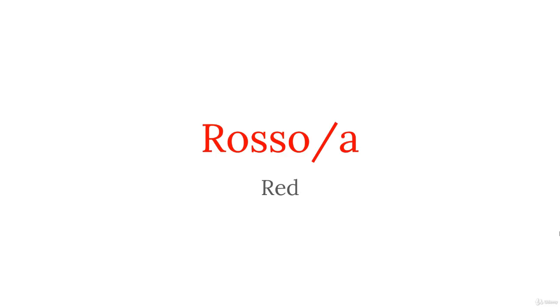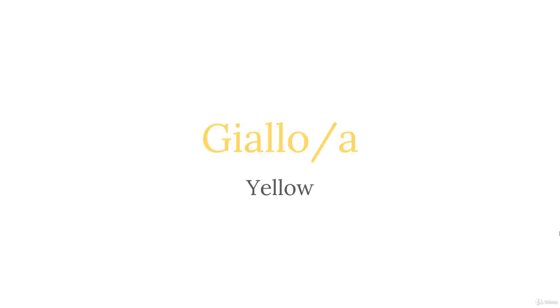Then we have red. Red can be either rosso, masculine, or rossa, feminine. Rosso, rossa. Okay, perfect. Then we have yellow. Yellow can be either giallo, masculine, or gialla, feminine.